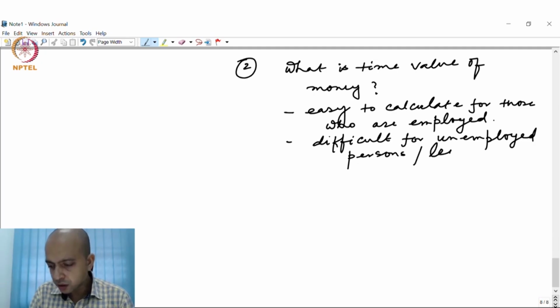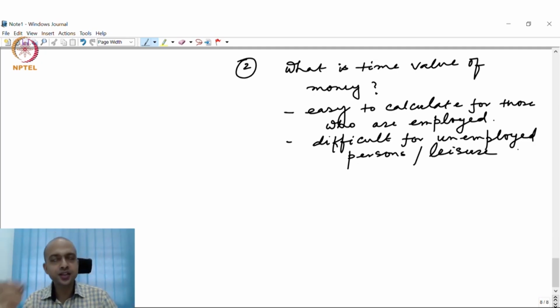Or for leisure, instead of visiting that place, I can simply spend this time as my leisure time. So what is the value of that? It is difficult. If a visitor is unemployed, or was enjoying time at home leisurely and somebody forced him or her to come to that place, and I'm asking how much time you spend, let's say 10 hours, what is the value of the time in terms of money for those 10 hours for a person who is not employed?